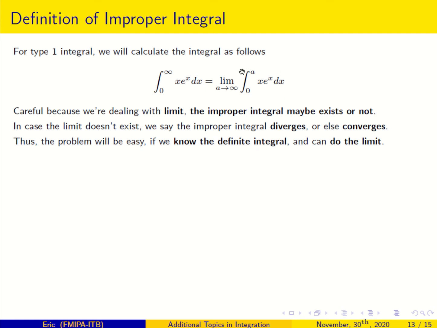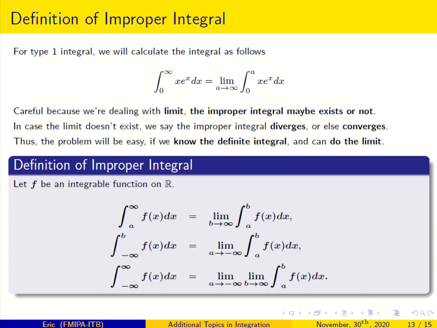You can solve this, and then you have to find the limit when a goes to infinity. If the limit is a real number, the integral converges. But if the limit goes to plus or minus infinity, it is said that the integral diverges.